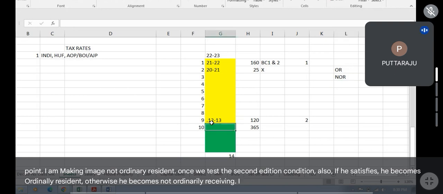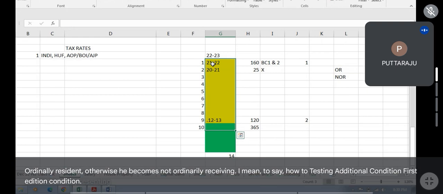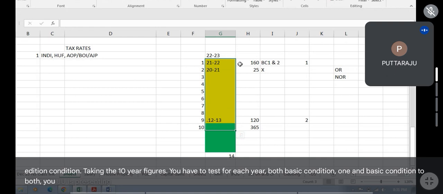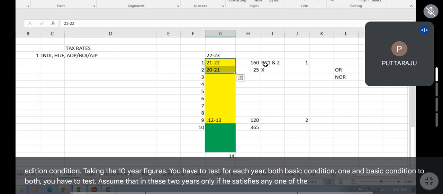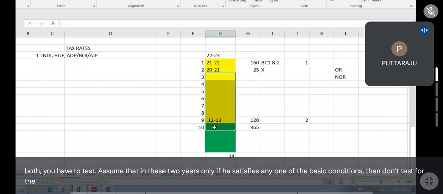I mean to say, how to test the first additional condition, taking the 10-year figures: you have to test for each year both basic condition 1 and basic condition 2. Assume that in just 2 years he satisfies any one of the basic conditions, then don't test for the remaining years. Why?